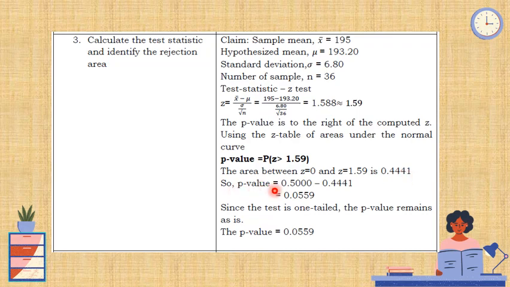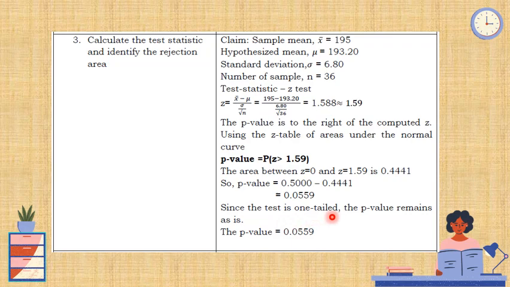So, p-value is equal to 0.5 minus 0.441. We used the half of our normal curve, so it is subtracted from 0.5, because it is between 0 and 1.59. So 0.5 minus 0.441 is equal to 0.0559.